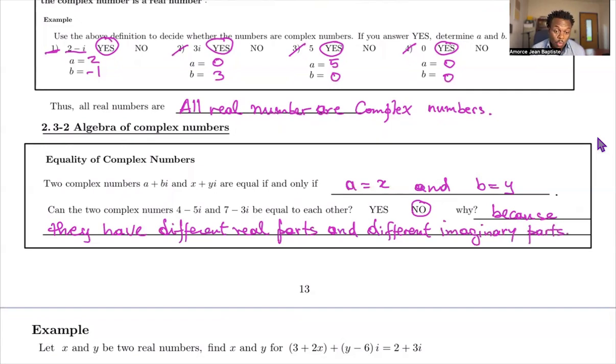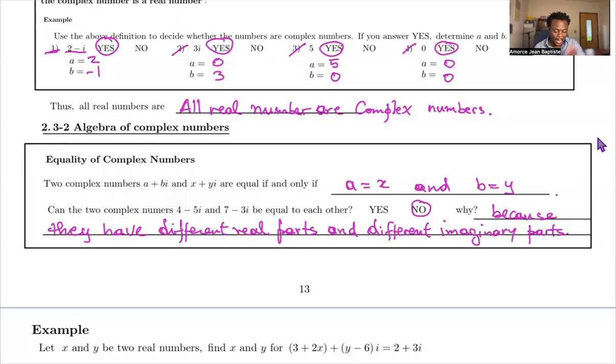But even if one part was not different, say the imaginary parts are the same and the real parts are different, they're still not equal. You need to have both the imaginary part and the real part the same in order for two complex numbers to be the same.